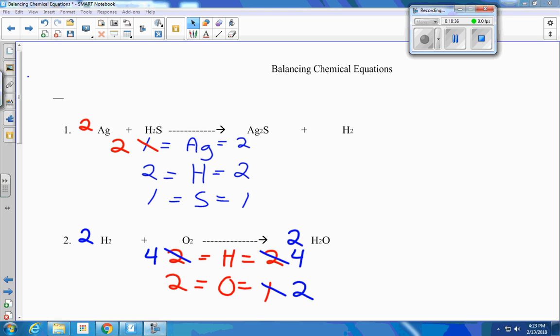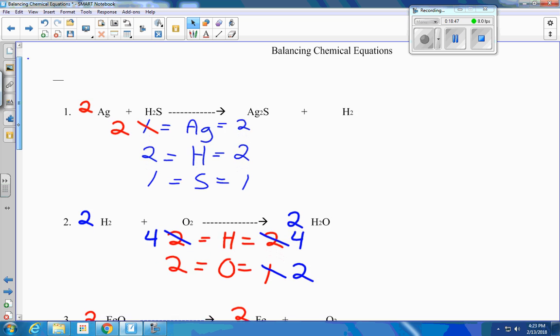Take out the worksheet given to you the day before, and I want you to check questions 1 through 5 on balancing chemical equations. The chemical equations are balanced and on the board.